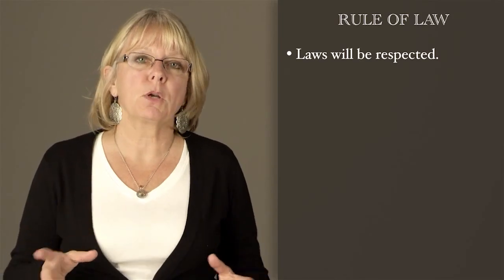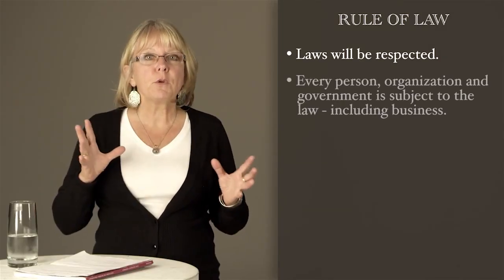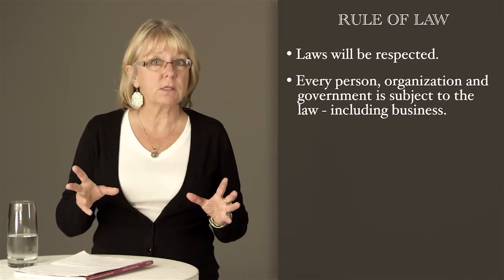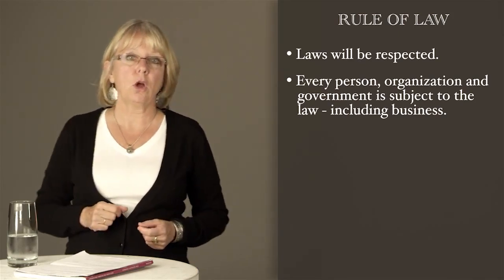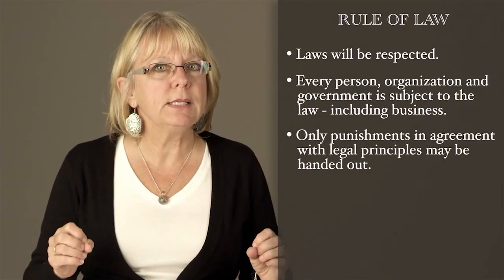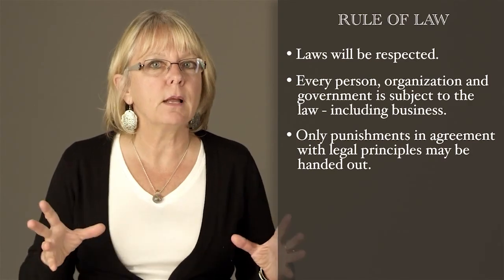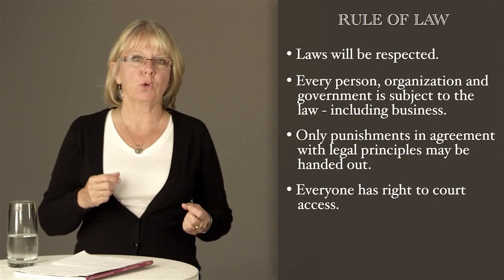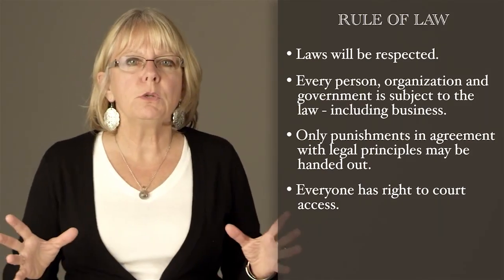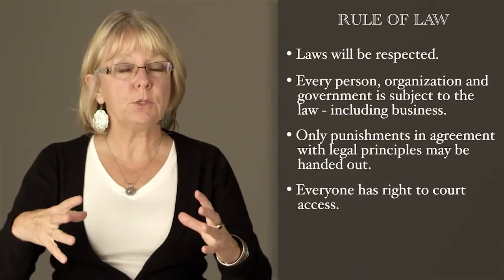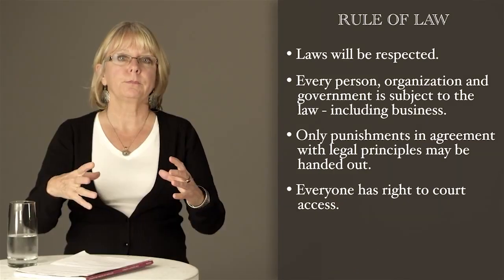Here are some main parts of the rule. Every person, organization, and government, and this includes business, is subject to the law. Next, only punishments in agreement with legal principles can be handed out. And finally, everyone has the right to go to court. The rule of law applies both inside countries and between countries.